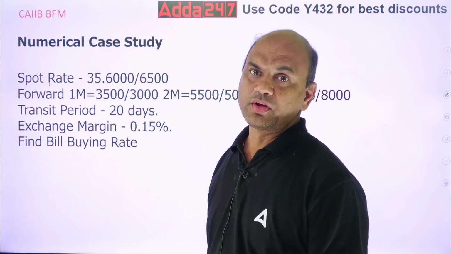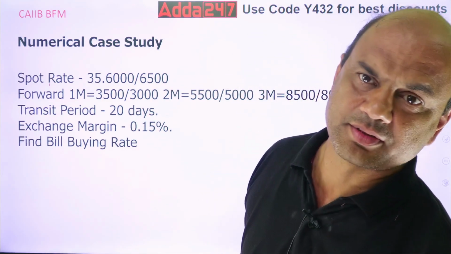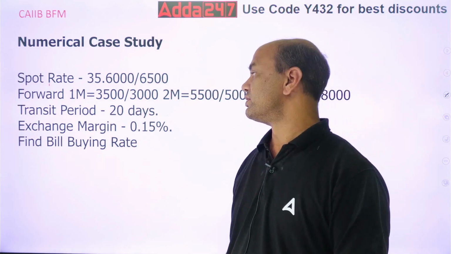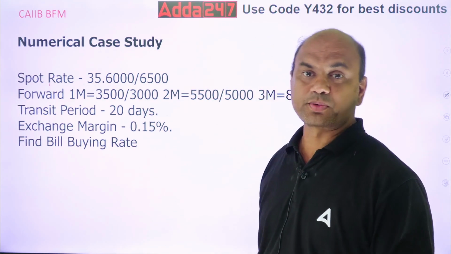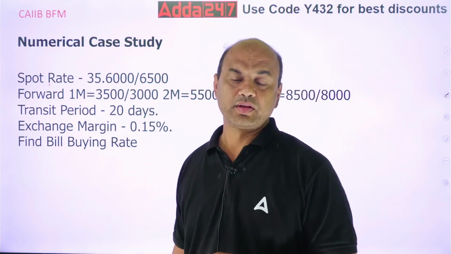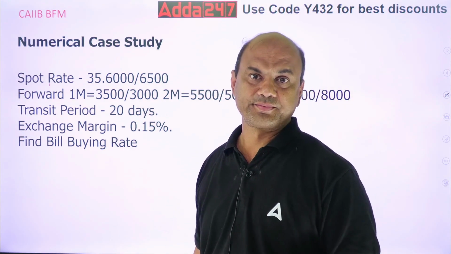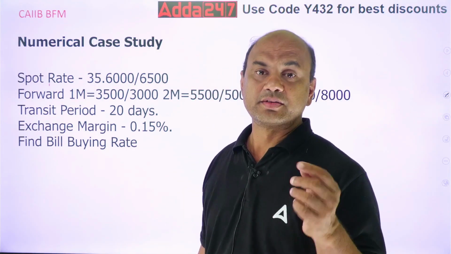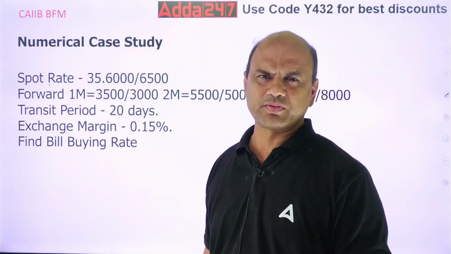Kindly note. Whenever you have a buying rate, kindly note it's an export transaction. Okay? Export. So now, how to solve a forex problem? Kindly note. While solving a forex problem, you have to focus on 3 aspects. One is buy and sell, whether it's buy or sell. Second is forward margin, and third is exchange margin or TT margin we call it.